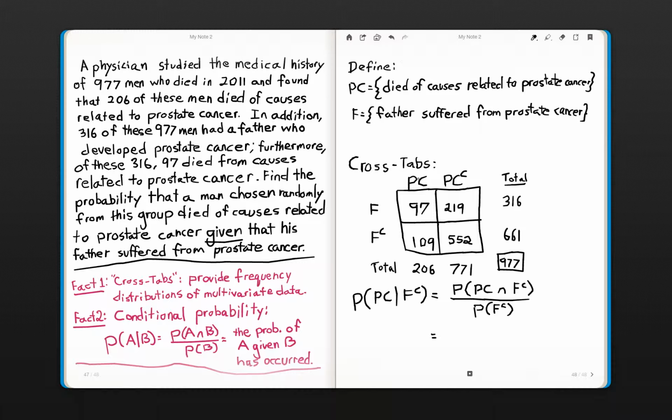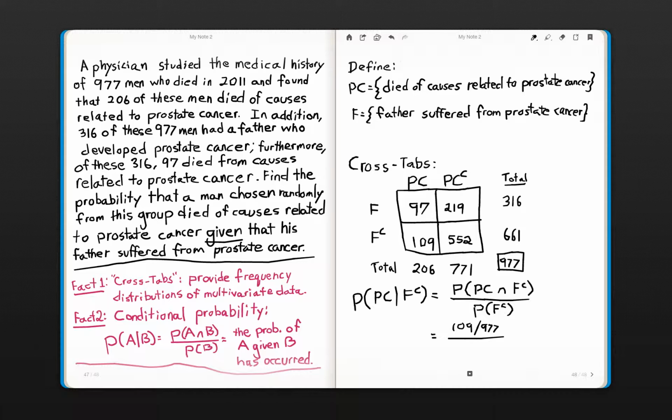So the men that died of causes related to prostate cancer whose father did not suffer from prostate cancer, that's the people in this cell here, 109. But we want the probability of that, so that's really 109 divided by 977, all divided by the probability that a randomly selected man's father did not suffer from prostate cancer.